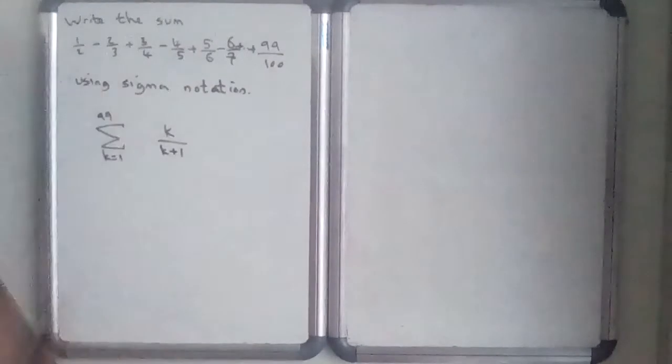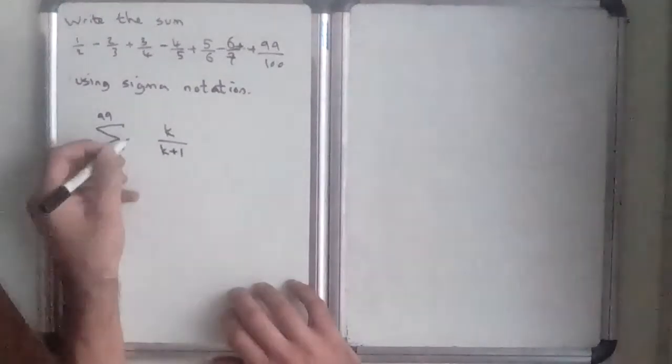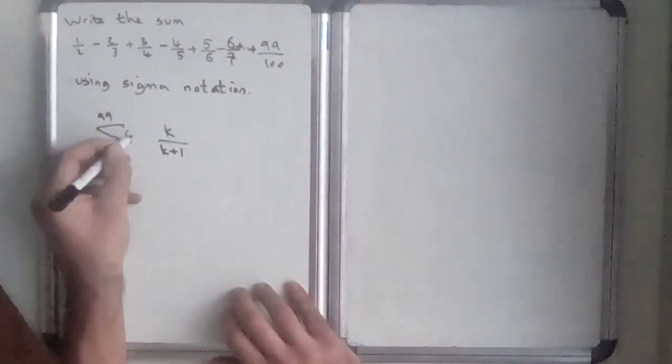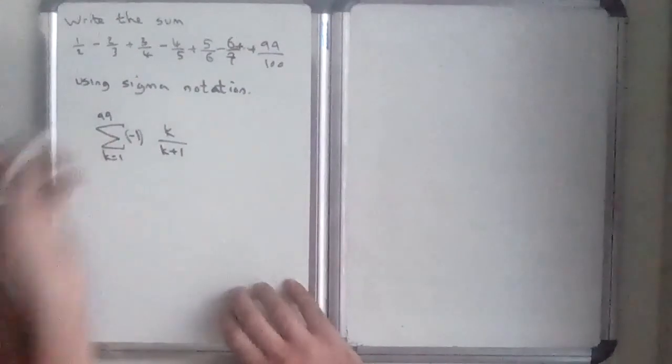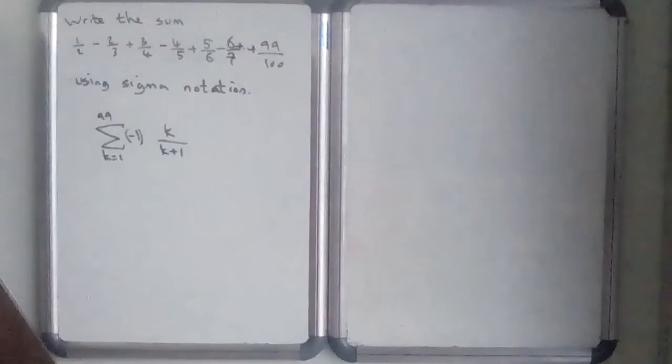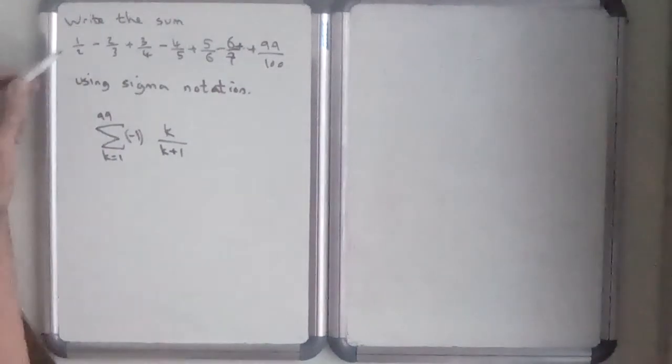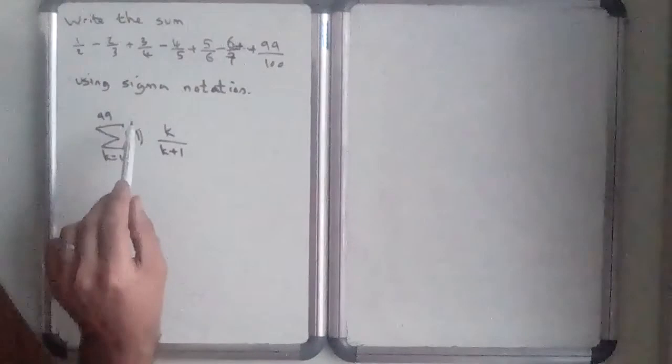Now in here, we need something that turns k into a plus sign or a minus sign, depending on the value of k. The way you do that is by raising minus 1 to powers. If you want the first term to be positive, and we do in this case, then you're going to have to raise minus 1 to an even power.